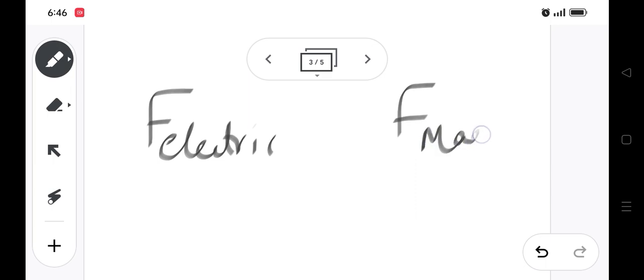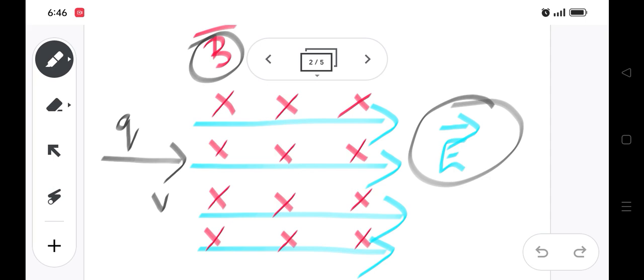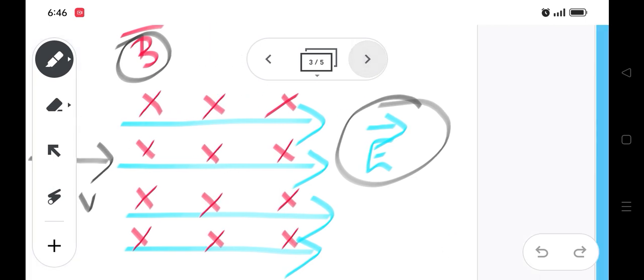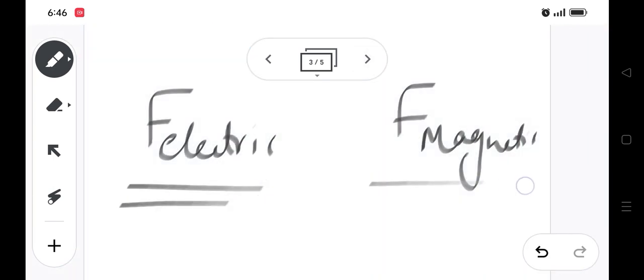Both act on this charge simultaneously because in the region it is going to enter, both the electric field and magnetic field are present.